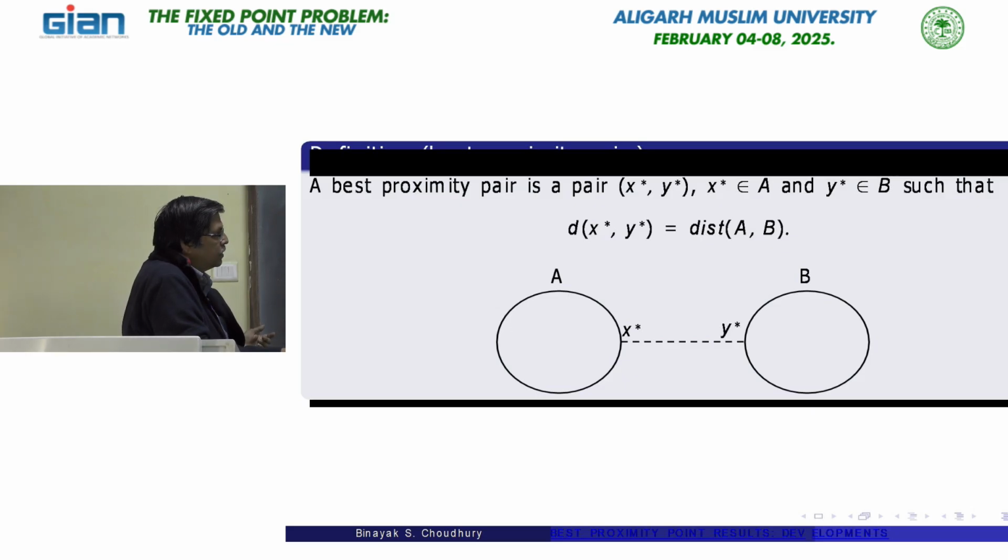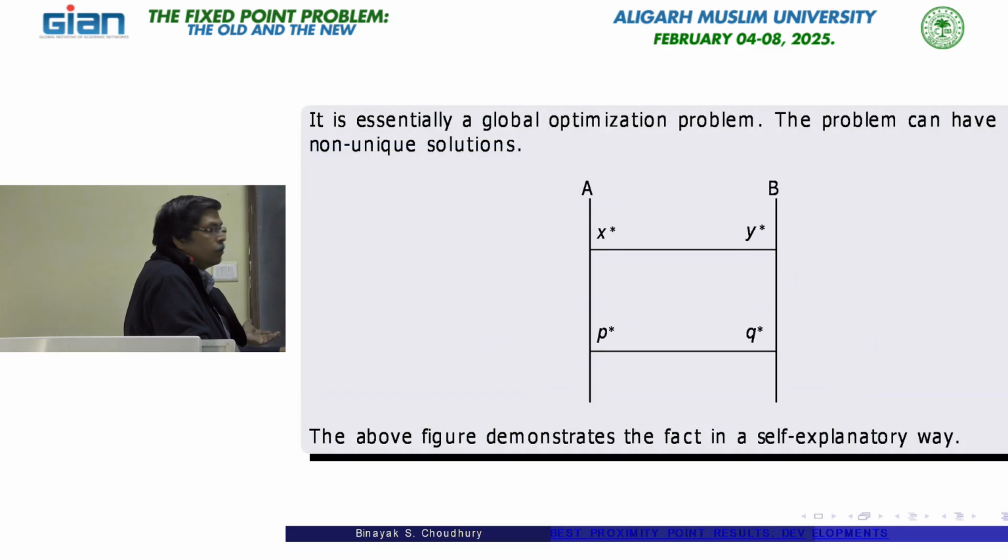You can see (p*, q*) is also a best proximity point. So, there is nothing to assume to the effect that whenever such best proximity pairs exist, they are going to be unique. Uniqueness, even if they exist, is not automatic. This is a very simple consideration which shows you.